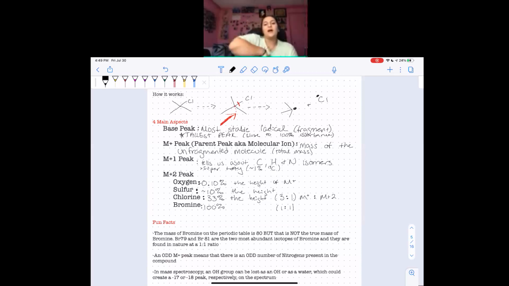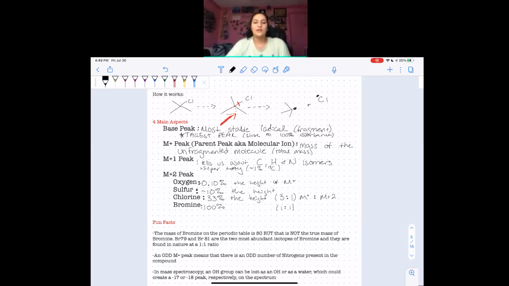Also, if you have an odd number for your M plus peak, that means there is an odd number of nitrogens present. So again, odd M plus equals odd number of nitrogens. Last but not least, in mass spec, if he says that we have a minus 17 or a minus 18 peak, he's always talking about a leaving group that is OH, because OH can either leave as OH or it can leave as water.